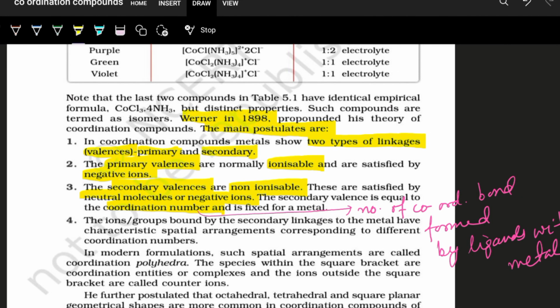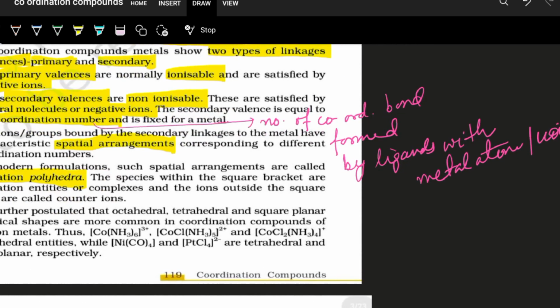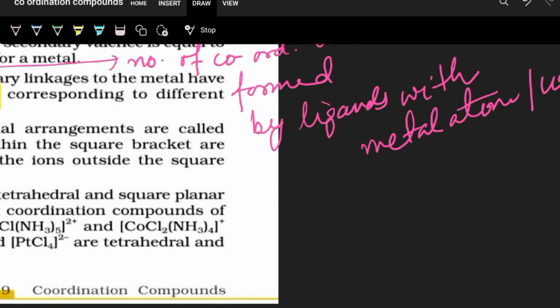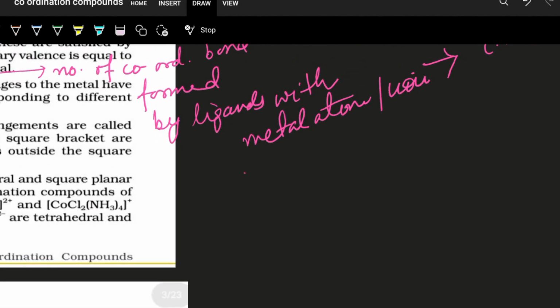Now, the atoms or groups, how they are aligned in space, the spatial arrangement, corresponds to the coordination polyhedra. We should always remember another fact with respect to the coordination polyhedra, that if the coordination number is 6, then your coordination polyhedra or structure will be octahedral.